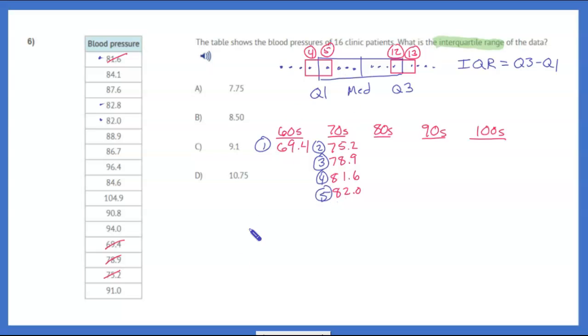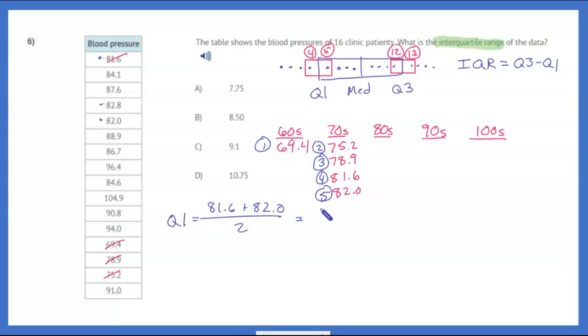We are armed with the knowledge we need to calculate Q1. Q1 is the number in between 4 and 5, so we're going to add them together and divide by 2. Get out my trusty calculator here, 81.6 plus 82.0.